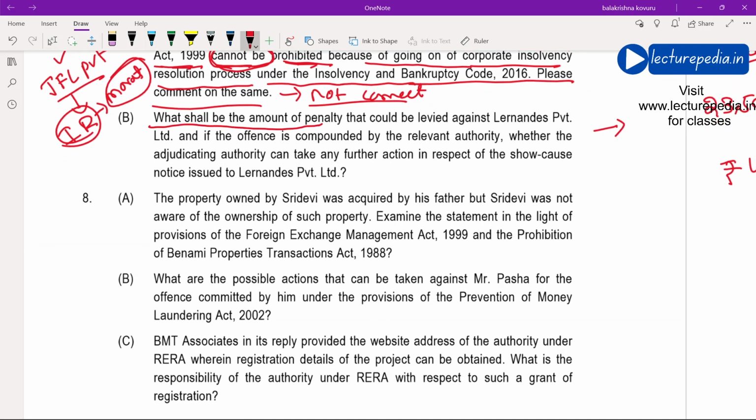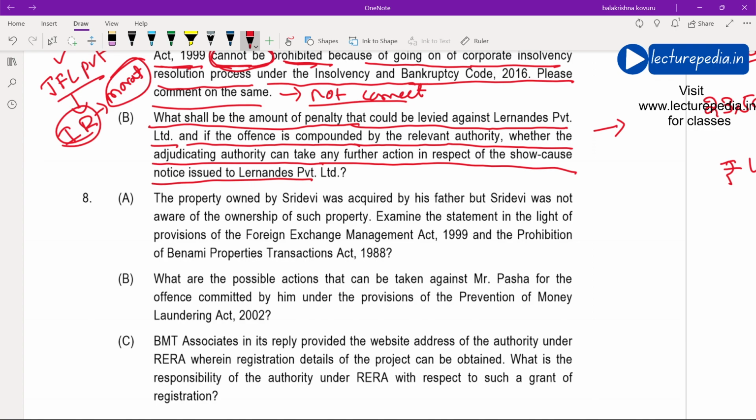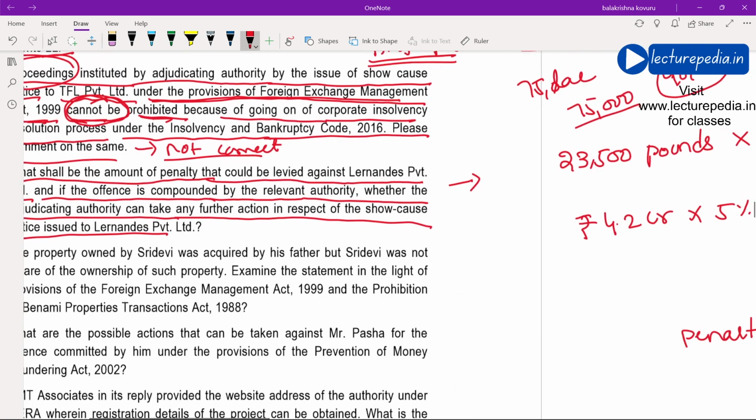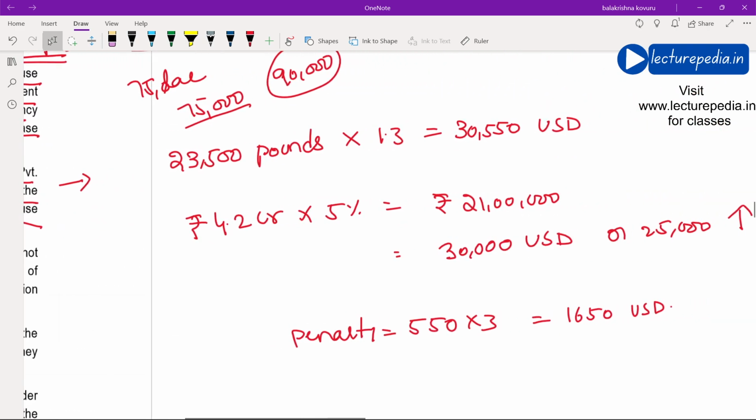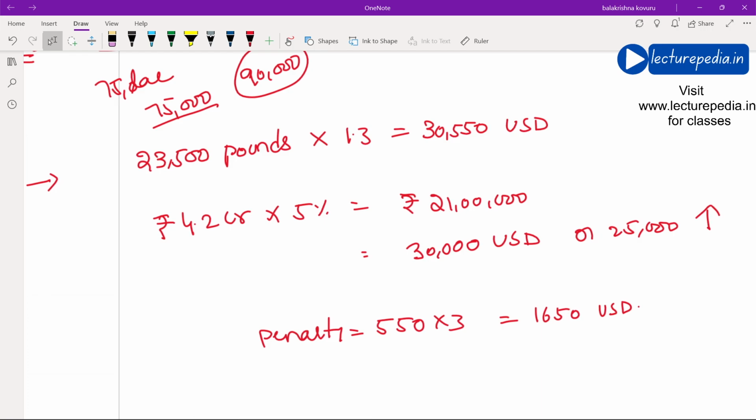Next, what shall be the amount of penalty that could be levied against Lernander Private Limited, and if the offence is compounded by the relevant authority, whether the adjudicating authority can take any further action in respect of the show cause notice to Lernander.